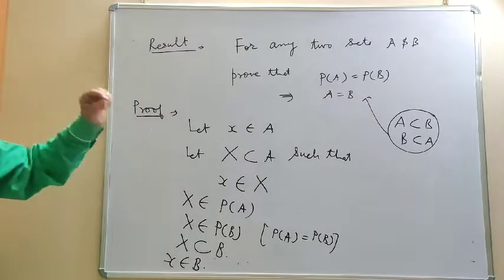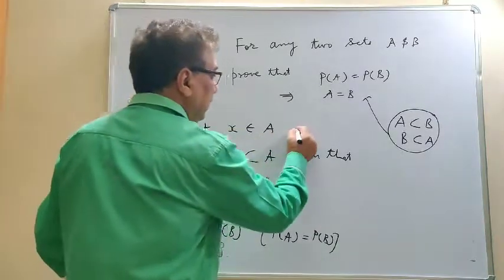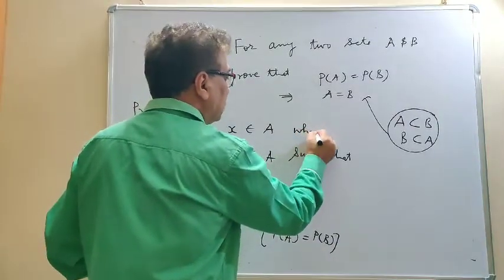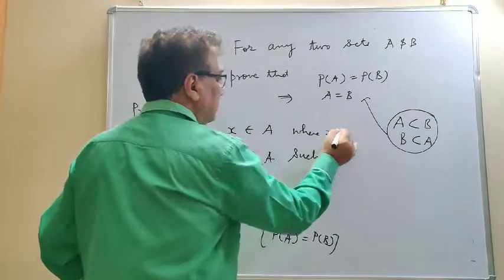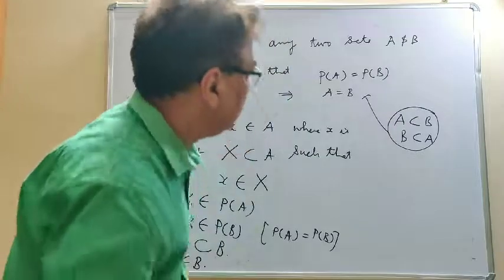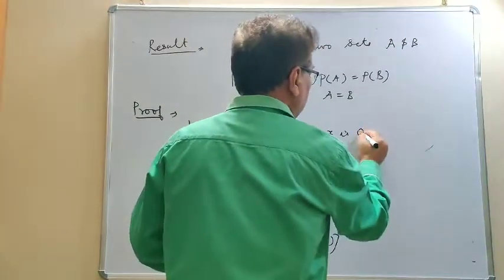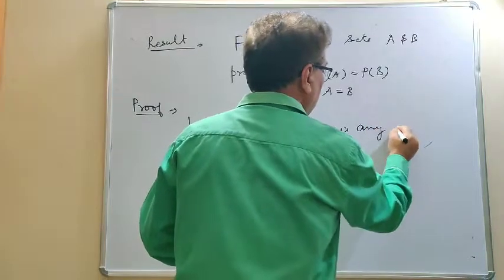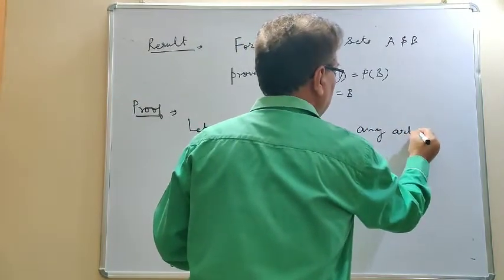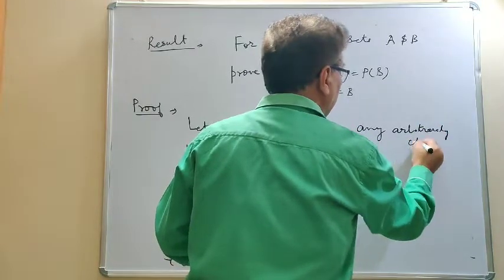So what we see here is that we have chosen x as an arbitrarily chosen element.